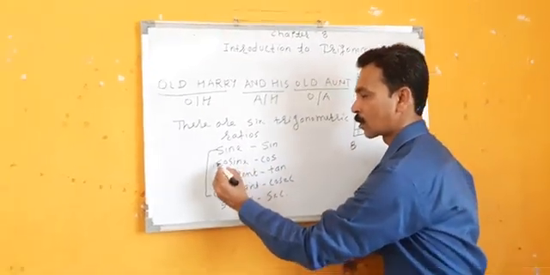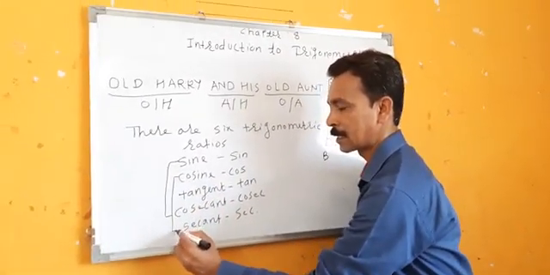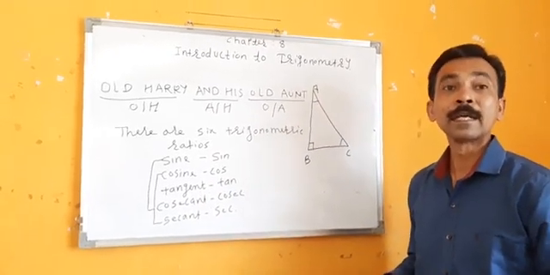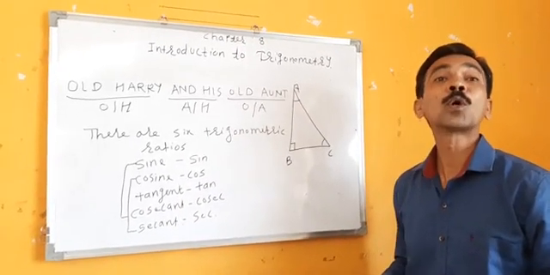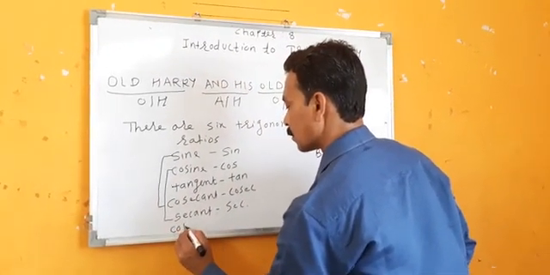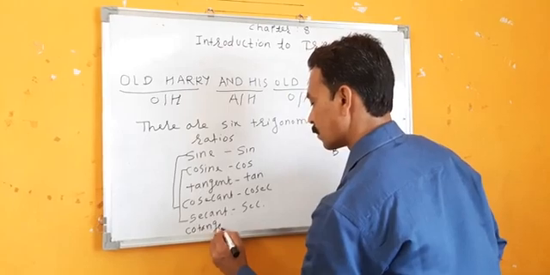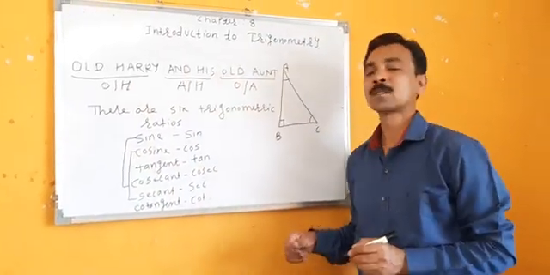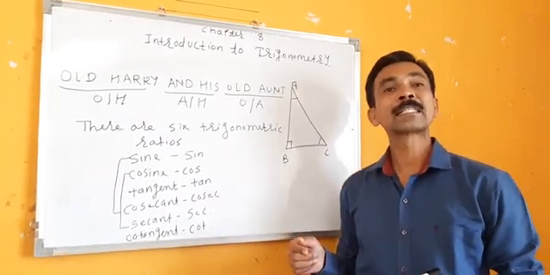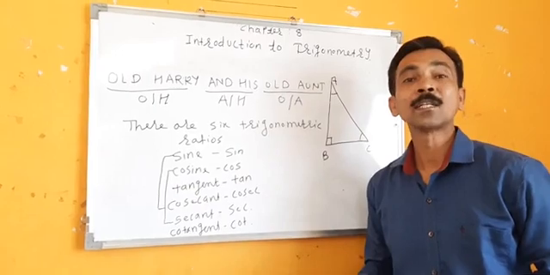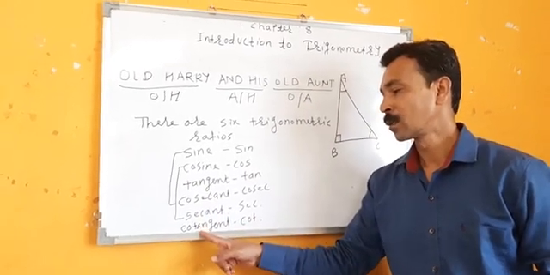Reciprocal of tangent is cotangent, cotangent means cot. So again I repeat, there are 6 trigonometric ratios: sine, cosine, tangent, cosecant, secant, cotangent.